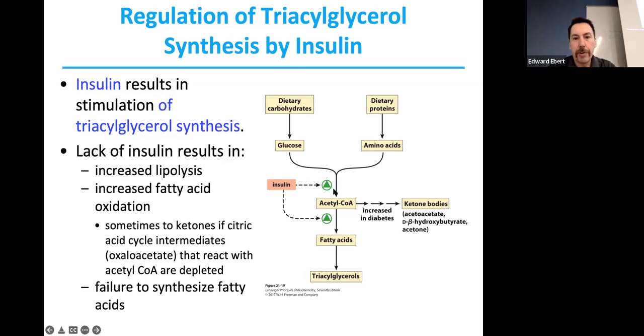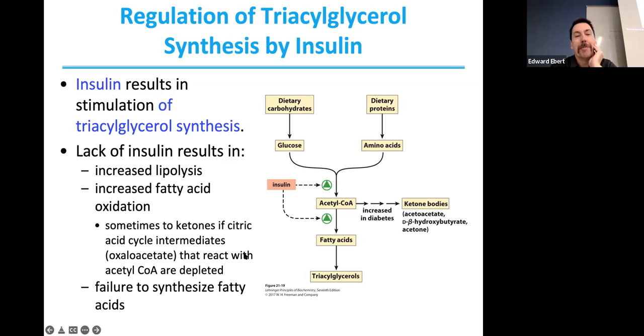What we see here, insulin upregulates our acetyl-CoA carboxylase so that we can make more fatty acids and triacylglycerols. However, if we don't have insulin, then we'll see increased lipolysis, where we'll start cleaving these down, and increased fatty acid oxidation. You can get to a stunning amount of ketone bodies being made, and our oxaloacetate gets depleted.